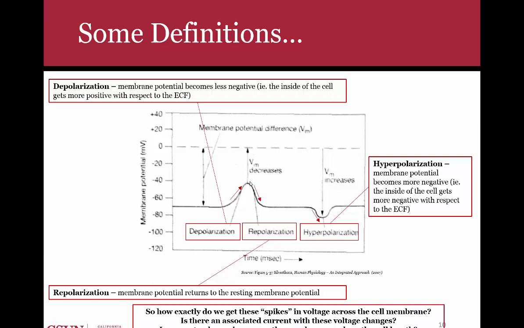The process of going back to the resting membrane potential is called repolarization. In that case, you're going back to the original resting Vm. The process of going more negative is called hyperpolarization. And so repolarization would then be going back to resting from hyperpolarization.